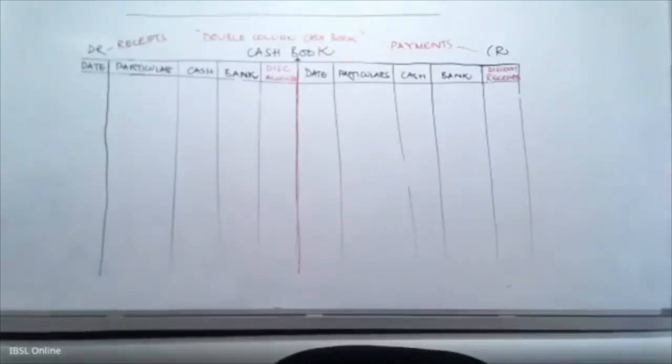Which means you are having an asset which is your cash, and the amount is rupees 50,000.